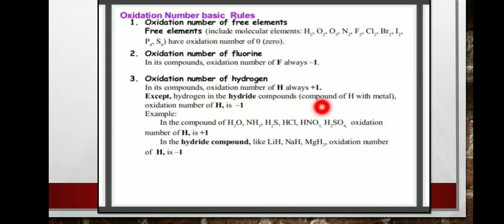Hydride compounds means compounds of hydrogen with metal. For example, H2O, NH3, H2S, HCl, HNO3, H2SO4: hydrogen oxidation number +1. Hydride compounds LiH, NaH, MgH2: hydrogen oxidation number -1. These are hydride compounds of hydrogen with metal.